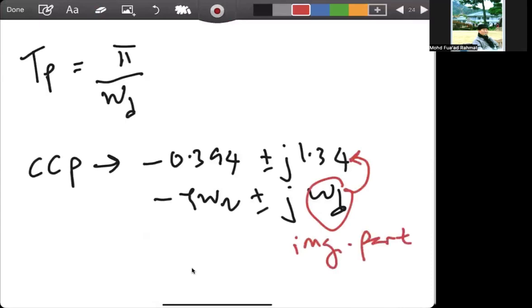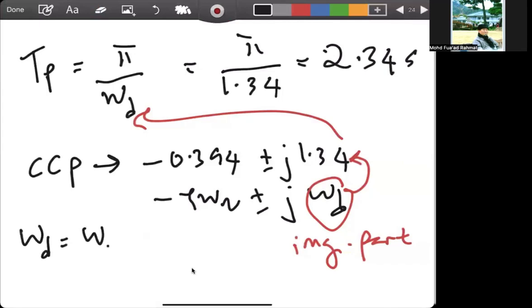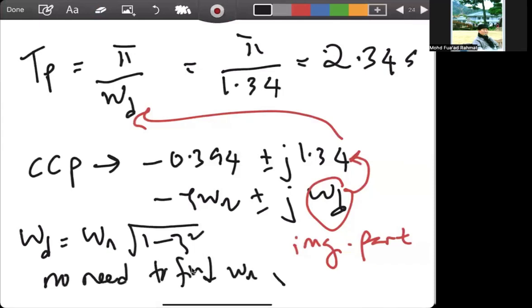Okay, so you use this value, put inside here. So you will get pi over 1.34, which will give you 2.34 seconds. So remember omega d is omega n times square root of 1 minus zeta squared. So no need to find omega n and zeta.